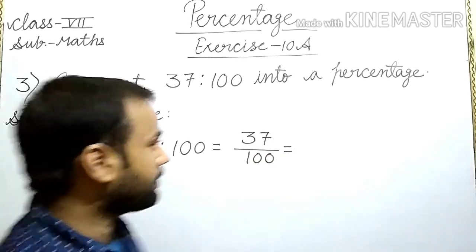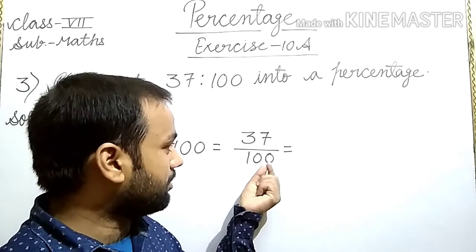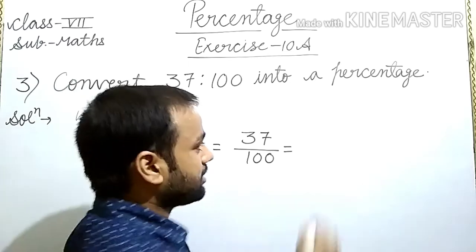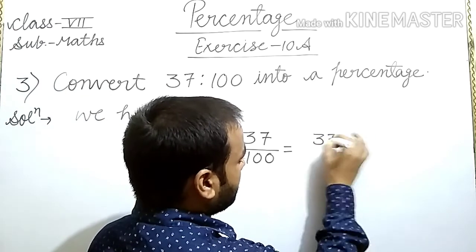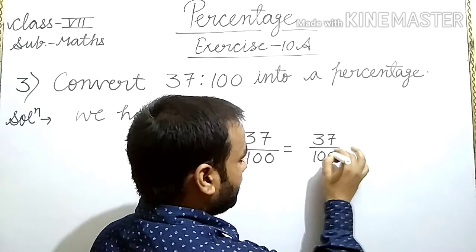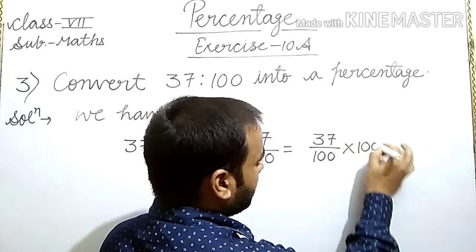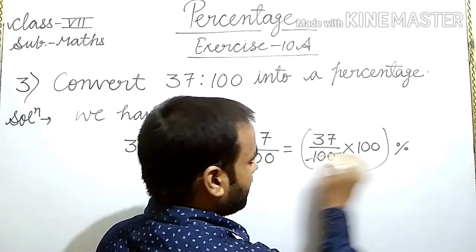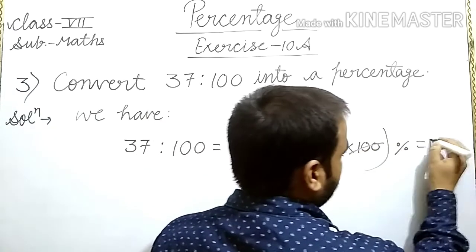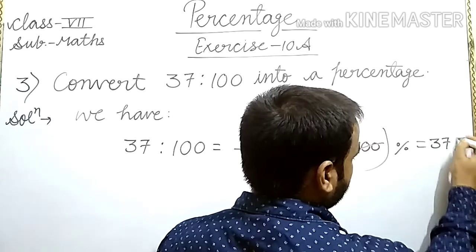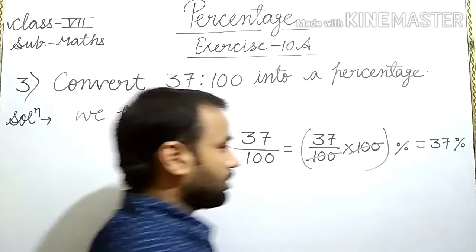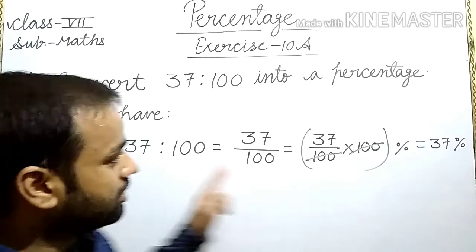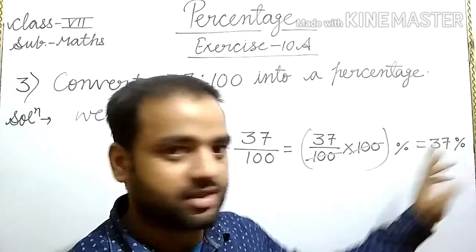And next step, in the fraction we multiply by 100 and put the symbol of percentage. Means 37 upon 100, we multiply by 100 and put the symbol of percentage. 100 cancels out. We get 37%. Lastly, 37 is to 100 is equal to 37%.